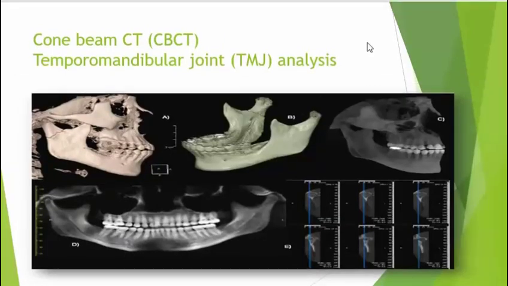CBCT is also used in the diagnosis and analysis of temporomandibular joint pathologies. As you can see in this image here, we have a fractured condyle. This is the line of fracture, and in this panoramic view, there is a radiolucency and discontinuity in the cortical bone of the mandible, showing a condylar fracture.